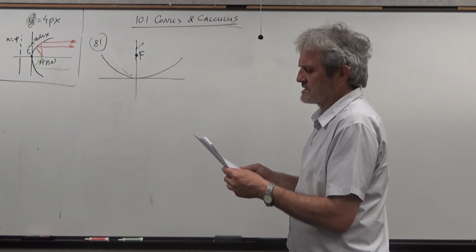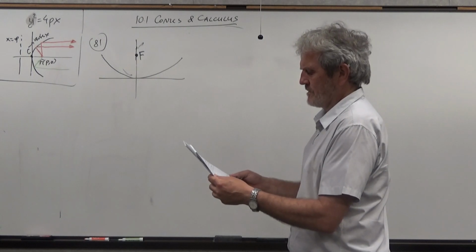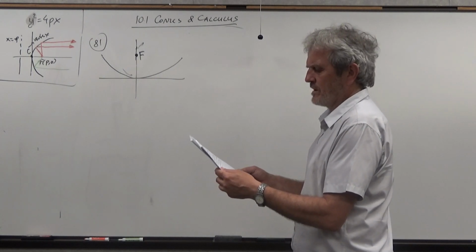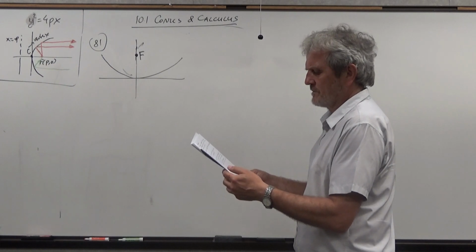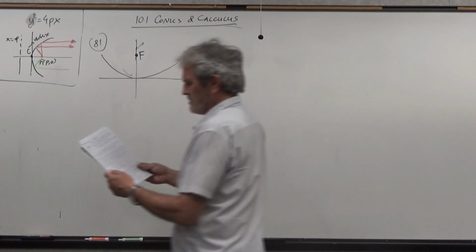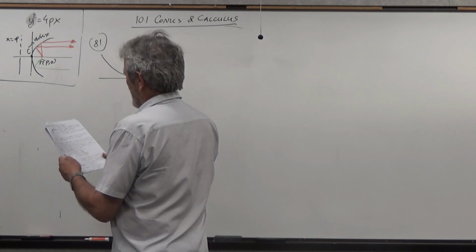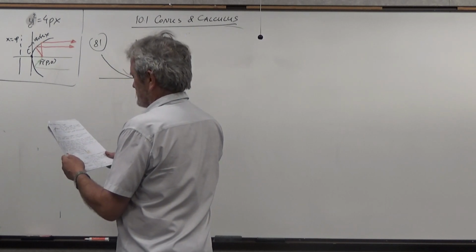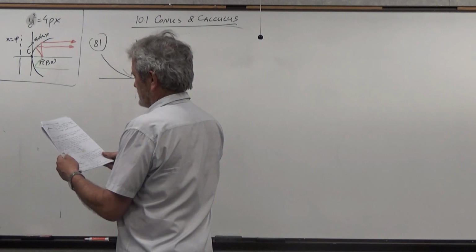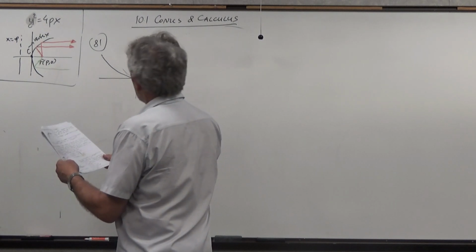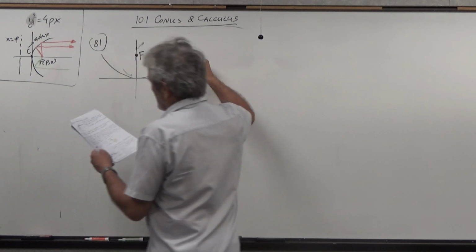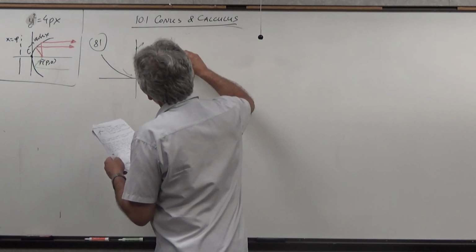At what distance from the vertex of the parabola is the pipe? The pipe is at the focus because of the reflective property. So here is the information. Here is the point 3,1.